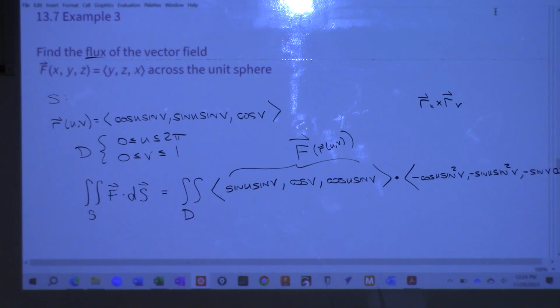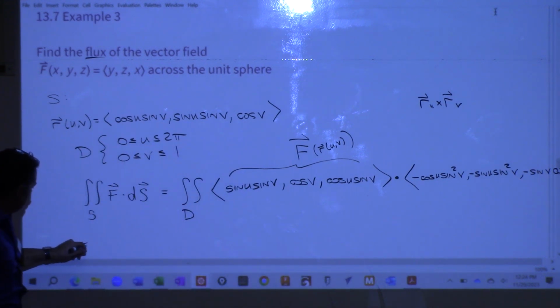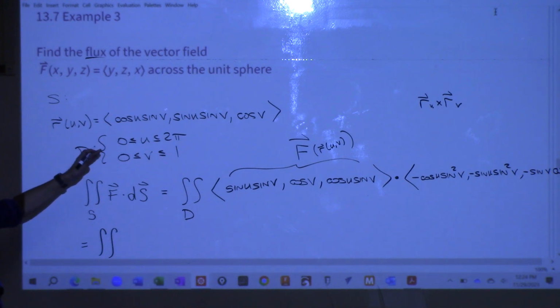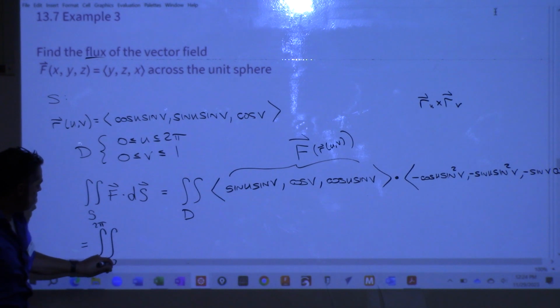Now we dot those two vectors. So equals double integral. I'm going to go ahead and do my limits of integration now: 0 to 2 pi, 0 to 1.